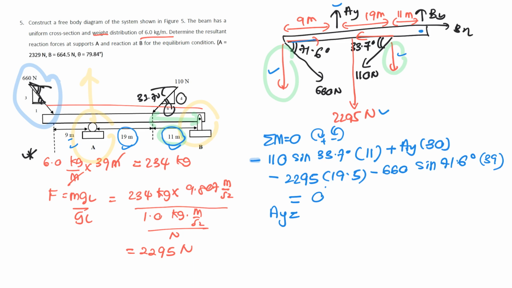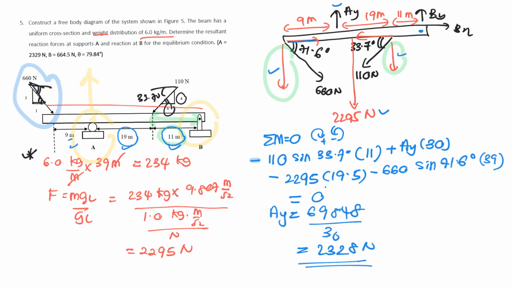This one is going to be negative, but that will be positive. So you're going to get 69848, divided by 30. So supposedly your AY is going to be positive 2328 Newton. So you already found the AY.